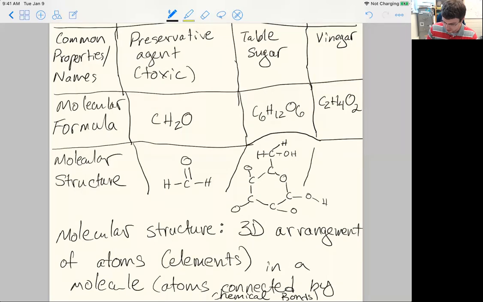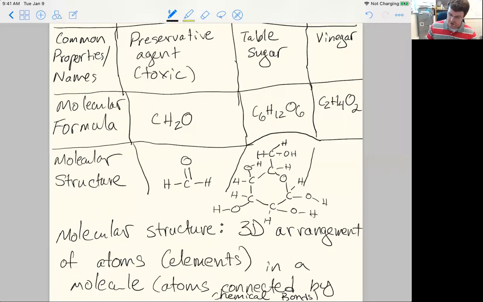We're going to add hydrogens to the oxygens that aren't part of the hexagon structure. And then we're going to add a few hydrogens to some of the carbons. I'm just going to do a quick scan. 2, 4, 6, 7, 8, 9, 10. Okay, I think that is all of the hydrogens that we need to get us to 12.